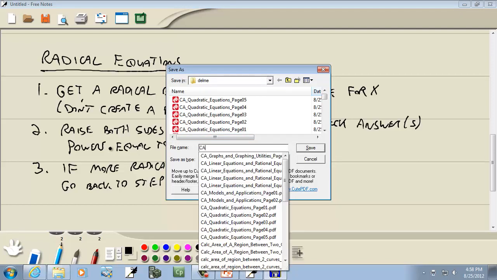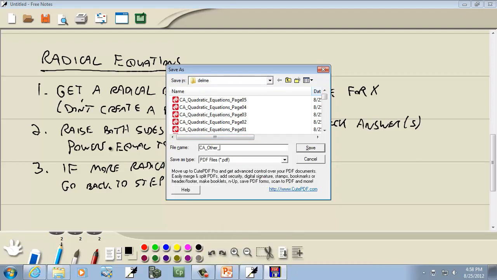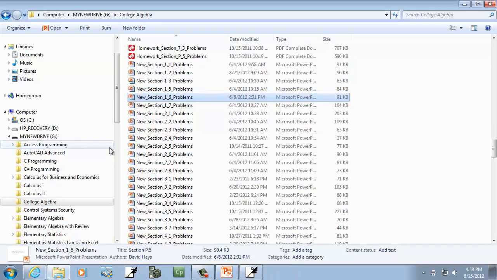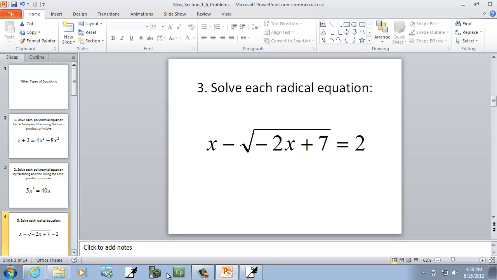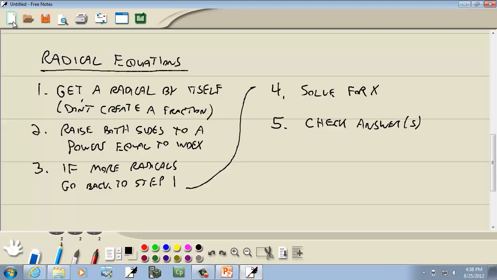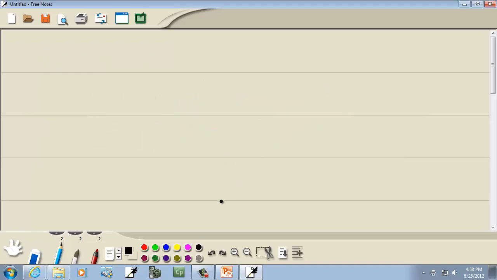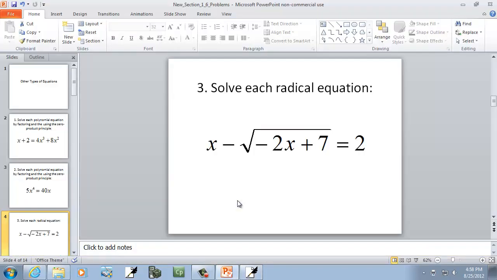Okay, so other types of equations. Page 01. Now we're going to follow those 5 steps, so keep those in mind.